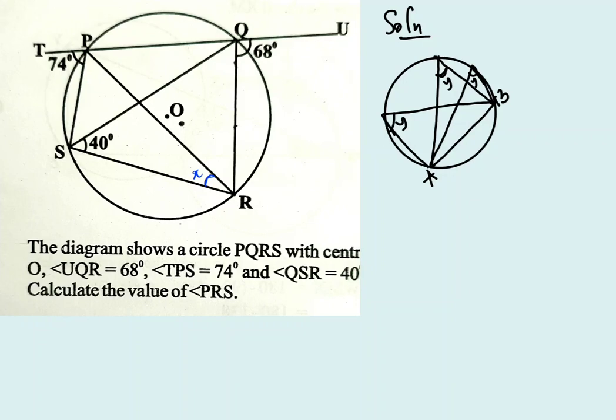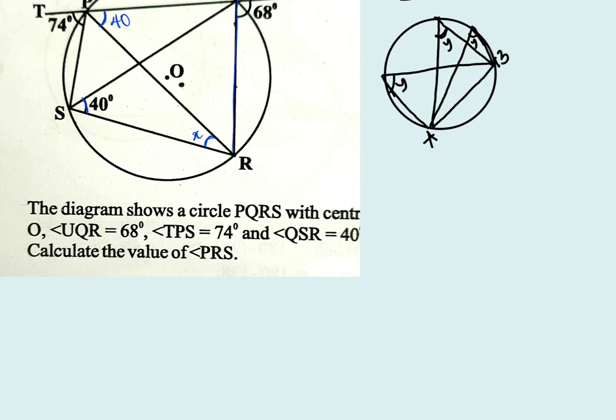Now, having taken note of this, look at this chord: chord PQ gave birth to 40. So this PQ actually gave birth to this angle. So this angle becomes 40.